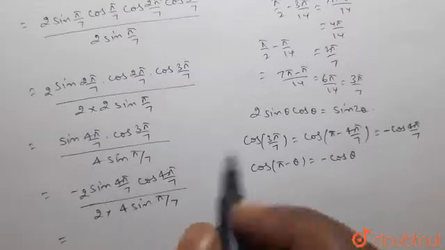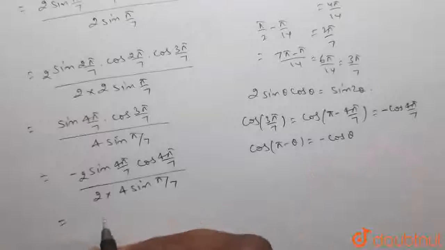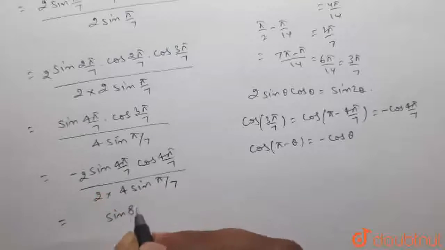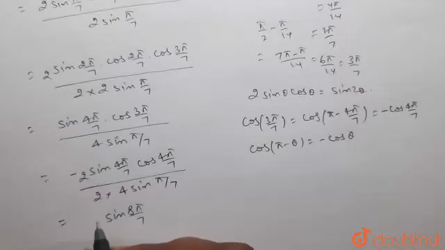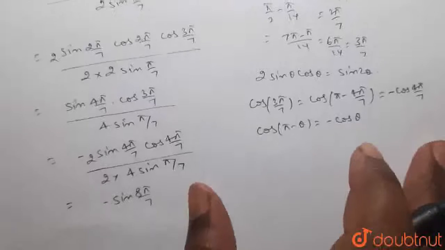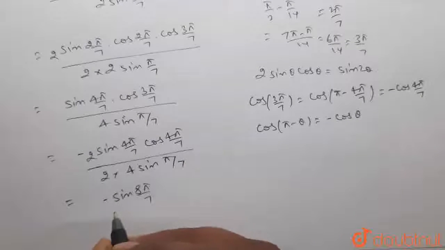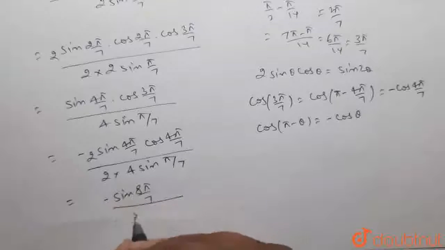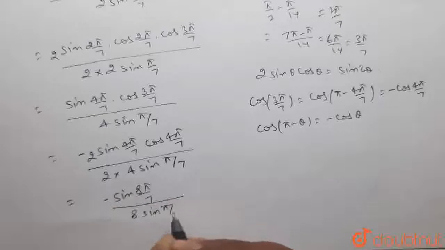So this will be equal to sin 2 theta, which is sin 2 into 4 pi by 7, which is 8 pi by 7. So the numerator will be minus sin 8 pi by 7 divided by 4, 2 into 4 is 8 times sin pi by 7.